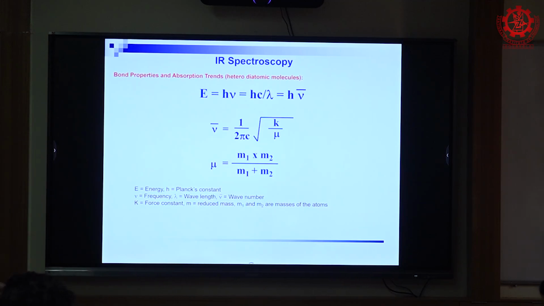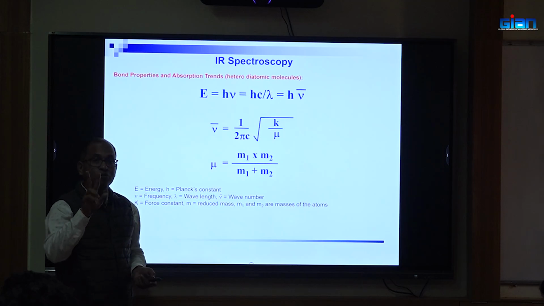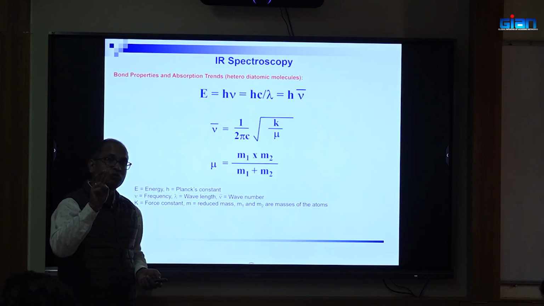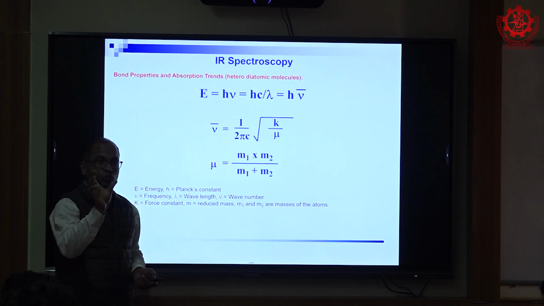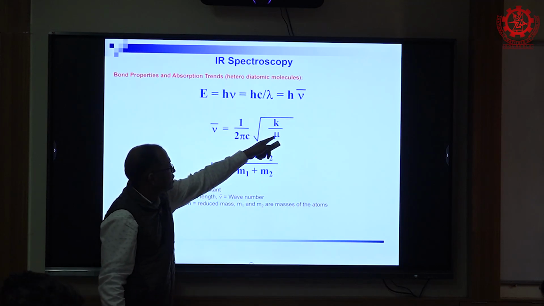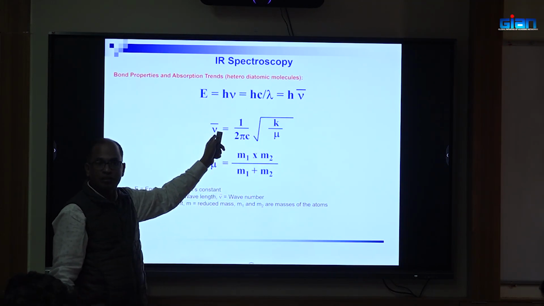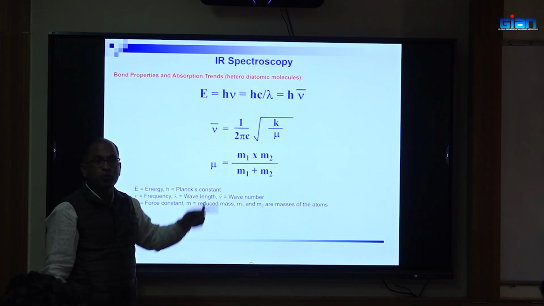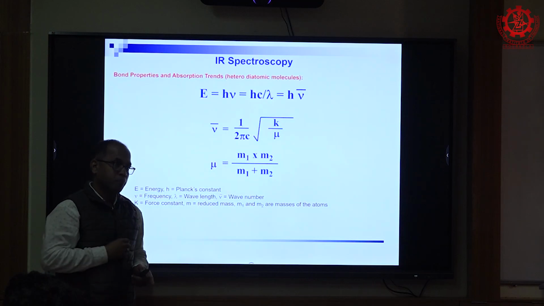Then again equations. Somebody mentioned bigger molecules. No, it is about only those two atoms attached to the bond, M1, M2. Now you see this is the reduced mass. If it is higher, then the wave number will be smaller. For example, potassium bromide we use for making the sample.